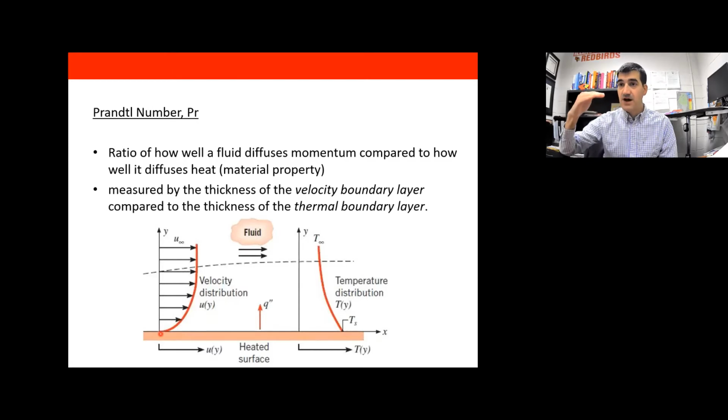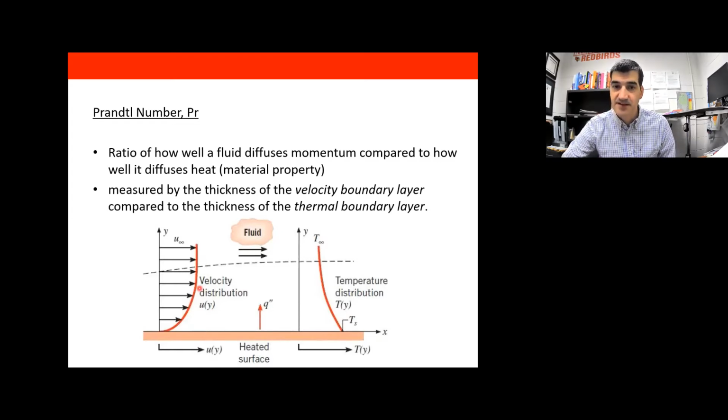But as you go up, and we're talking sometimes micrometers here, so this is a very thin layer depending on the type of fluid that's moving across it, the velocity of the fluid increases as you move away from the solid surface. So this is a very thin boundary layer usually.